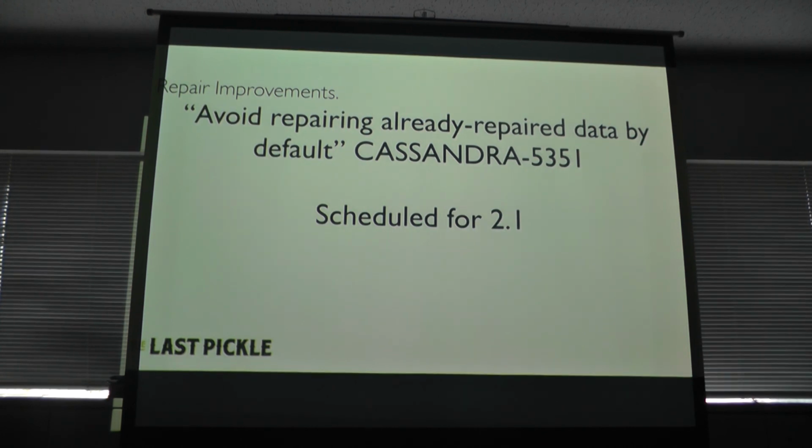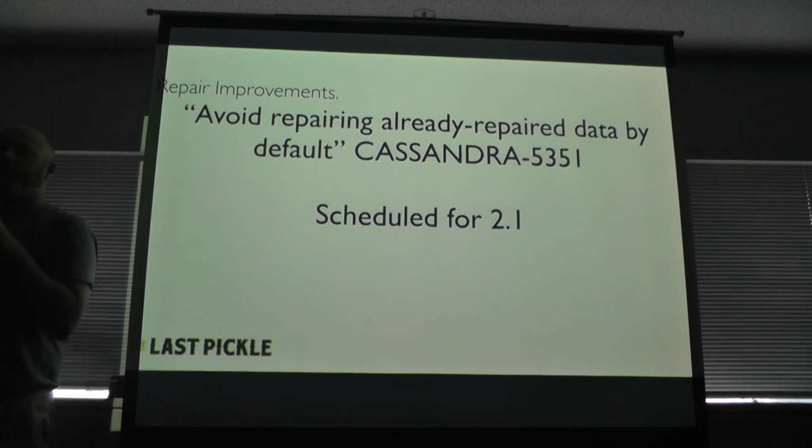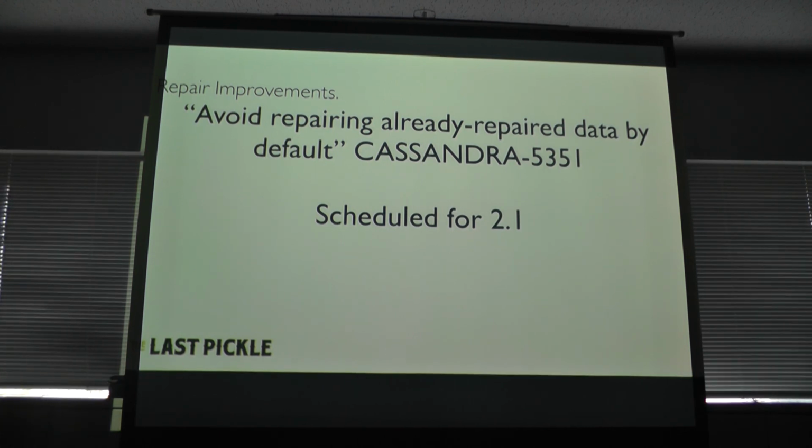Jonathan touched on these next 2 improvements in his morning talk, so I'll talk about them briefly. Repair has been scheduled to go into 2.1 to have a dramatic improvement.